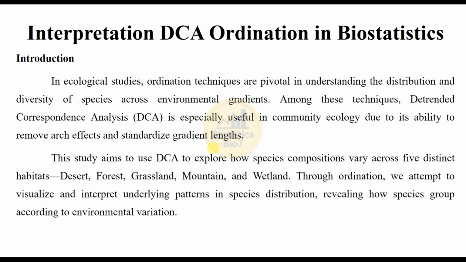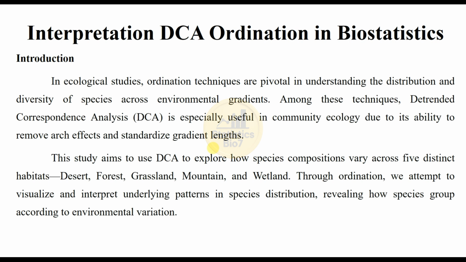In ecological studies, ordination techniques are pivotal in understanding the distributions and diversity of species across environmental gradients. Among these techniques, Detrended Correspondence Analysis is especially useful in community ecology due to its ability to remove the arch effect and standardize gradient lengths.